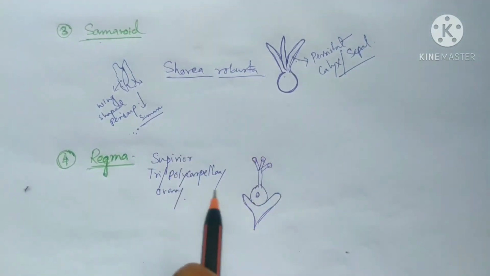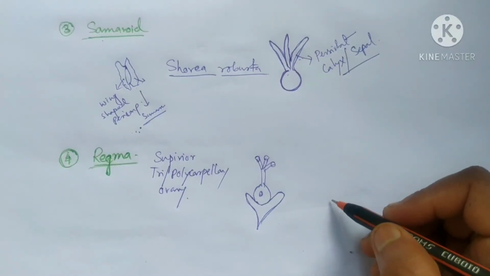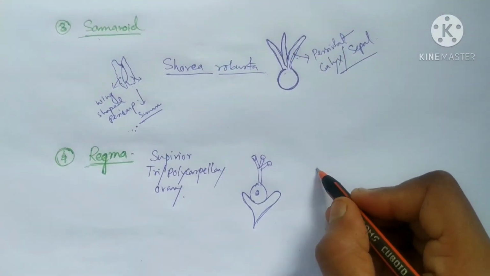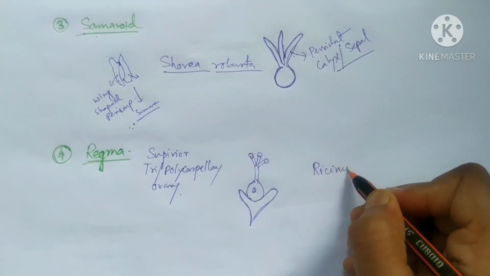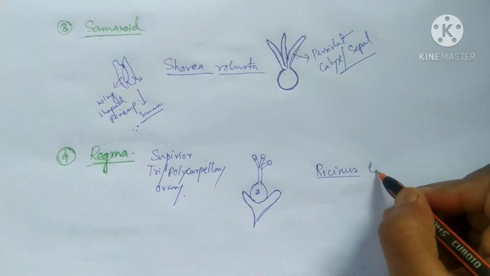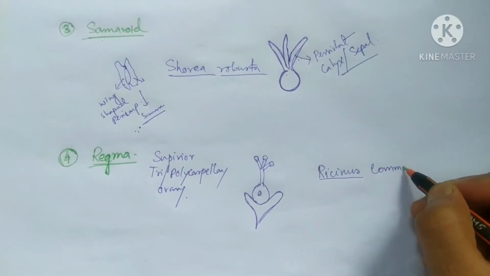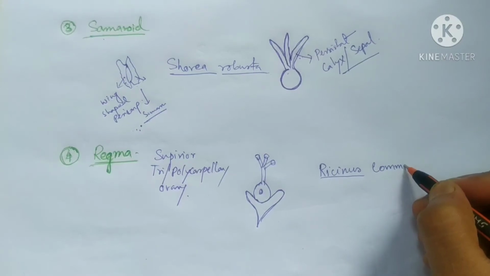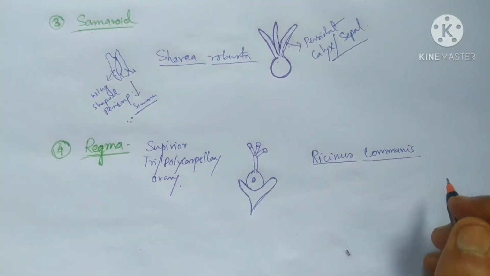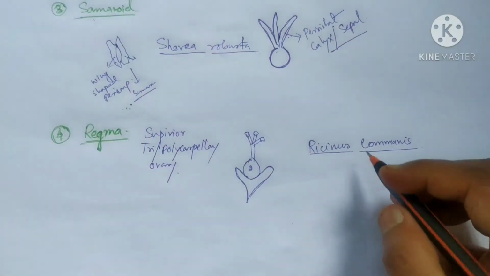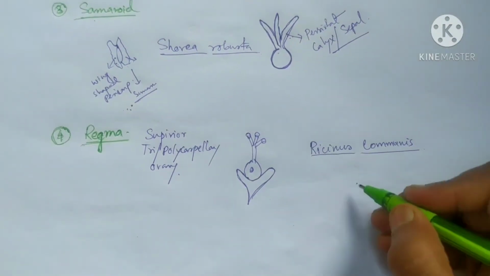Now in case of regma, an example of regma is Ricinus communis. Okay, fruits of Ricinus. We know Ricinus seeds look like this type.